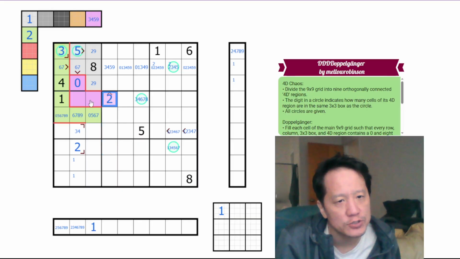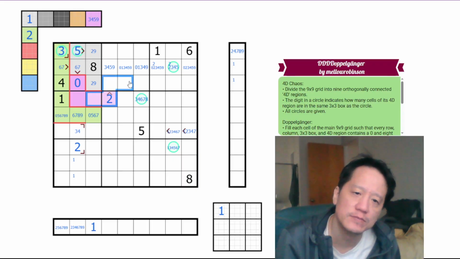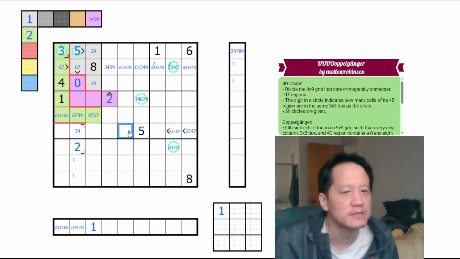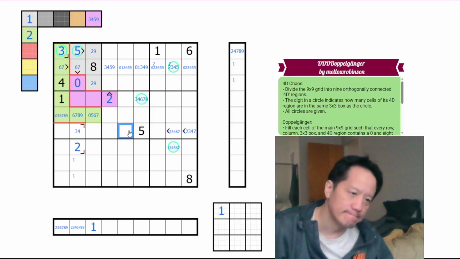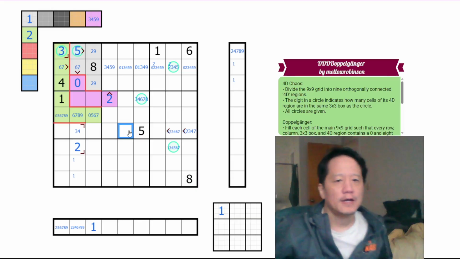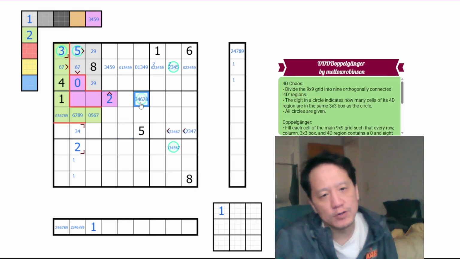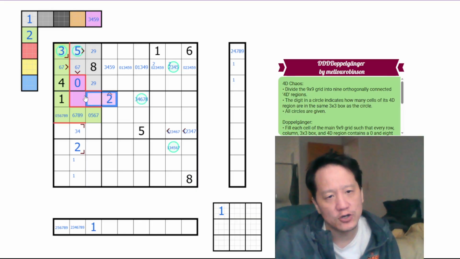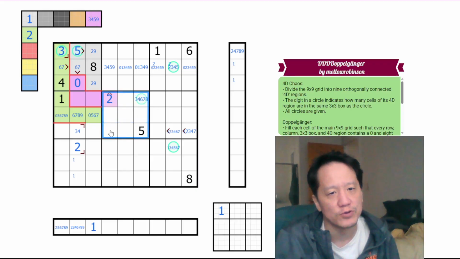Pink cannot be just 2. You could just go there, though. That is possible. So this still could be 8. Actually, no, it can't be 8. If this were 8, it could be part of pink, but if it's part of pink, then it has 6 cells in the same region as the box.